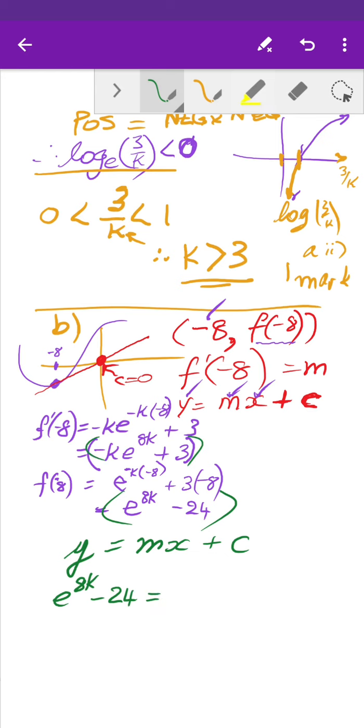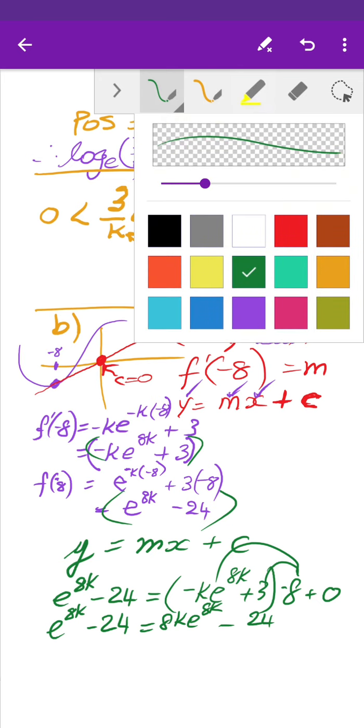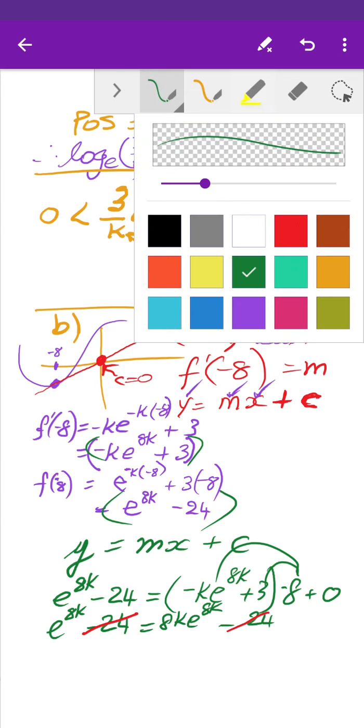M was this one, negative k e to the 8k plus 3. X is negative 8, so times negative 8, and c is 0. Now solve this. e to the 8k minus 24 equals 8k e to the 8k minus 24. I'm just going to cancel the minus 24s and bring everything to one side.